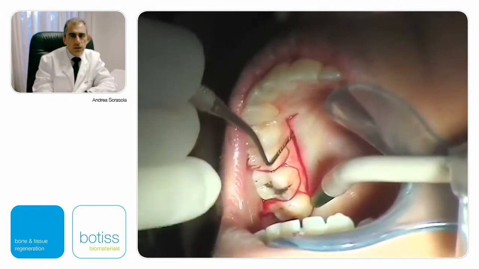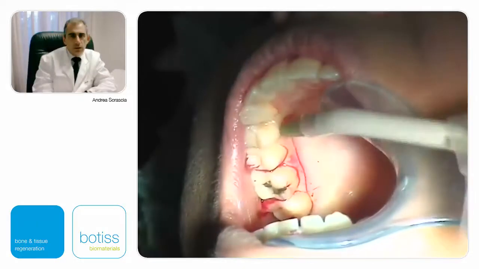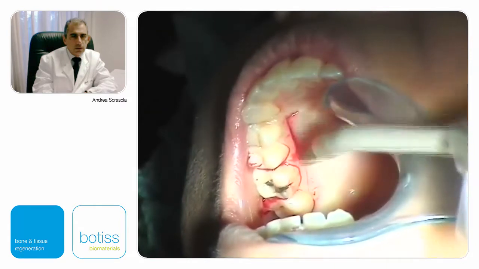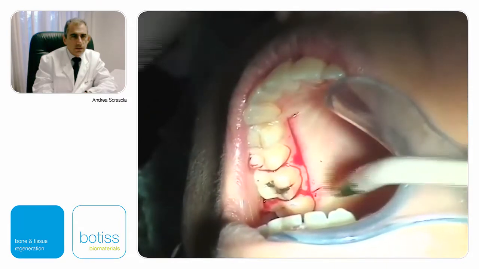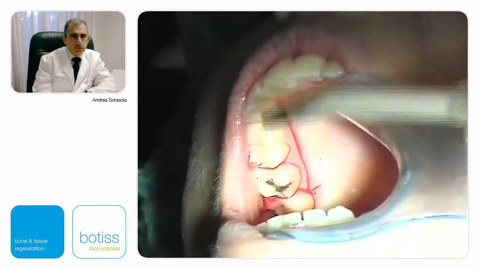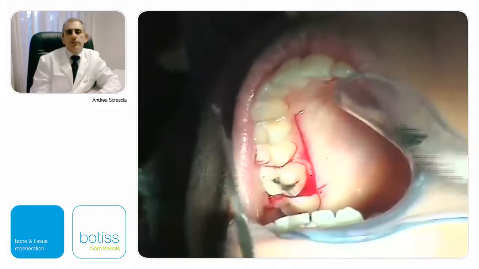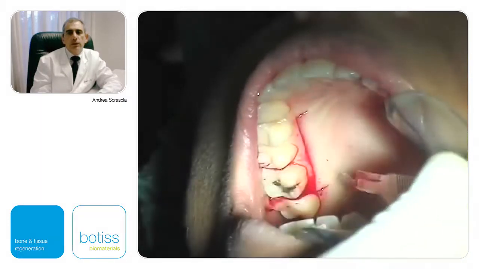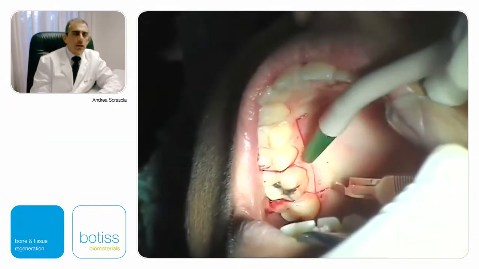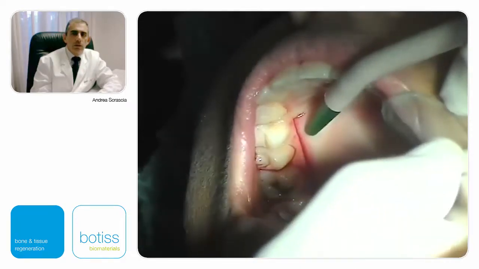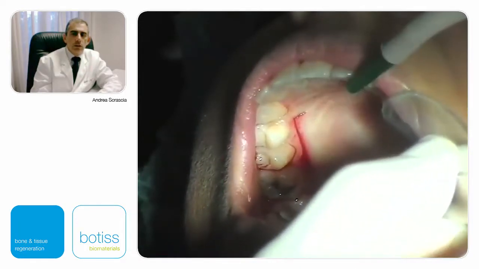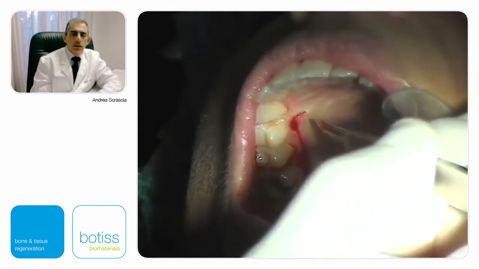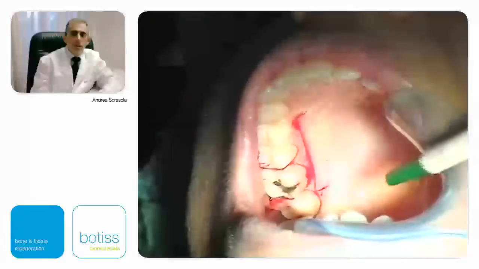I'm checking it. And then I execute a horizontal apical incision and consequently remove the graft.